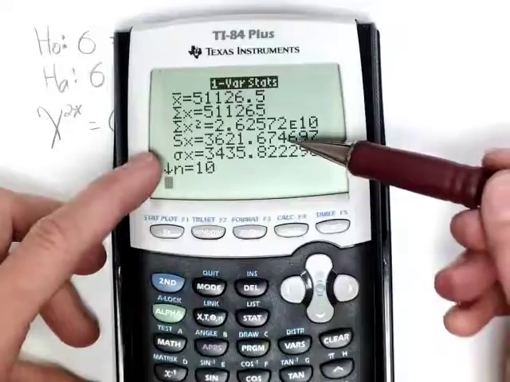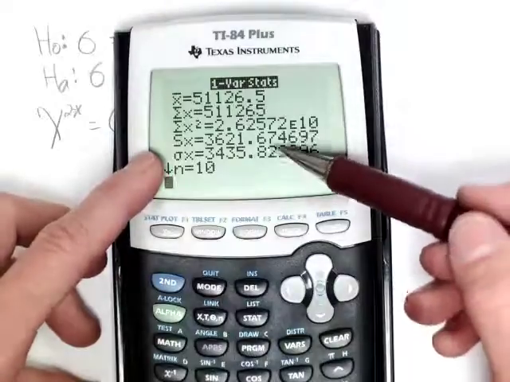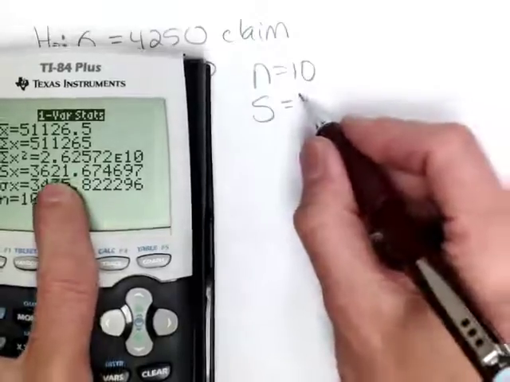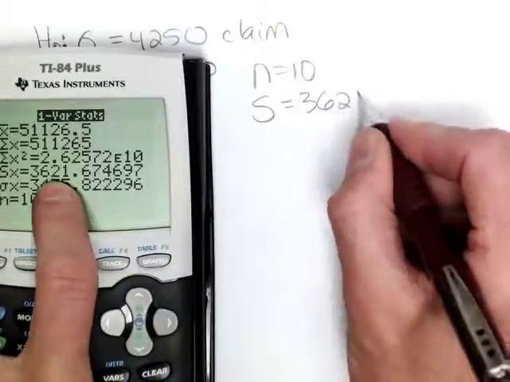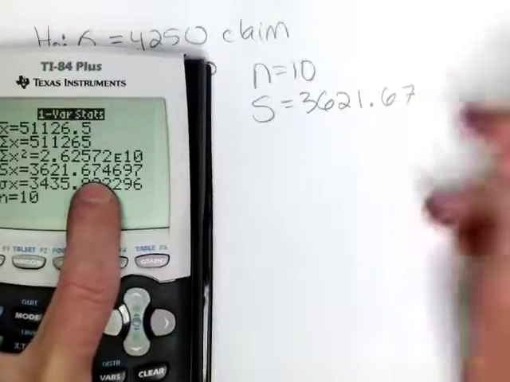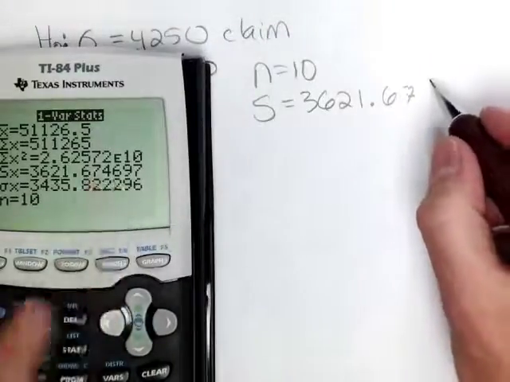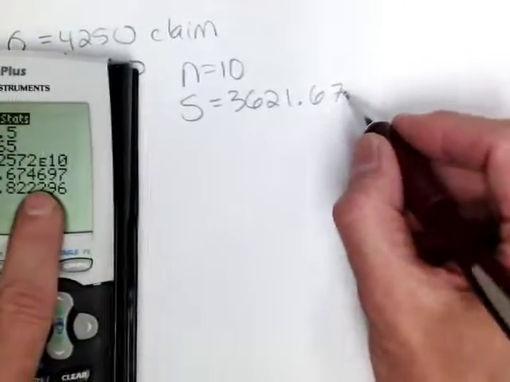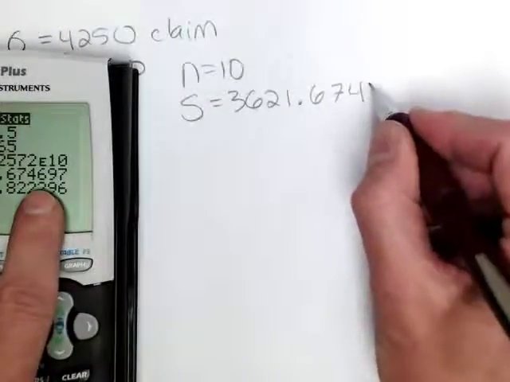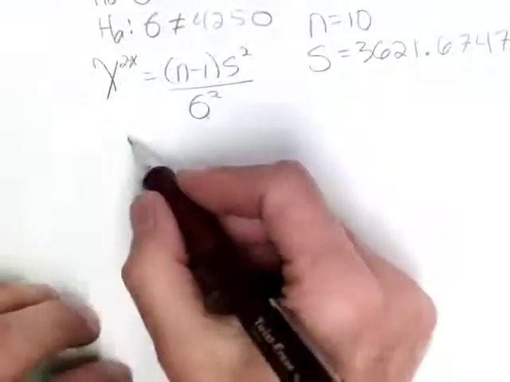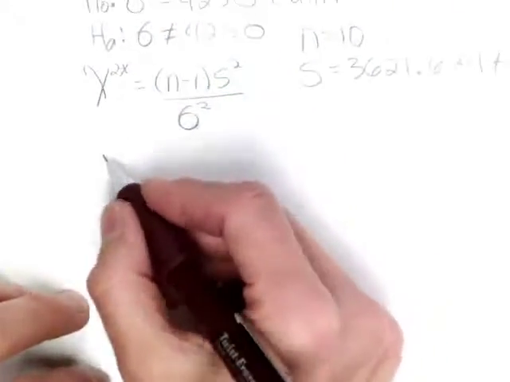My sample standard deviation is, and I want to carry it out somewhat far, okay, to get the best possible answer. Okay, so I'm going to go ahead and carry it out 4 decimal places, 3621.6747.